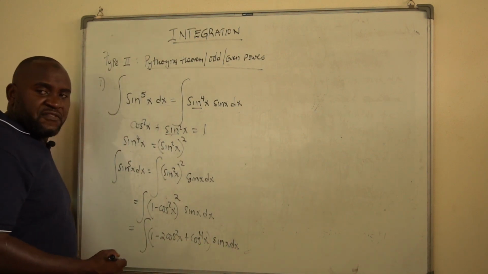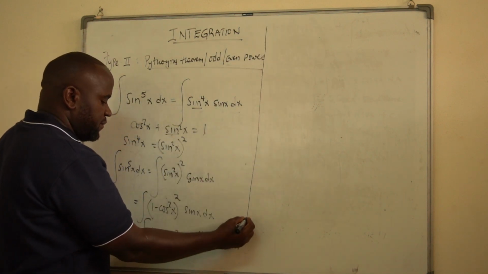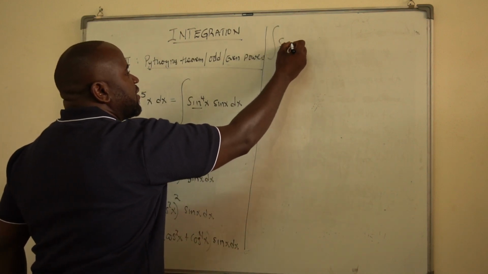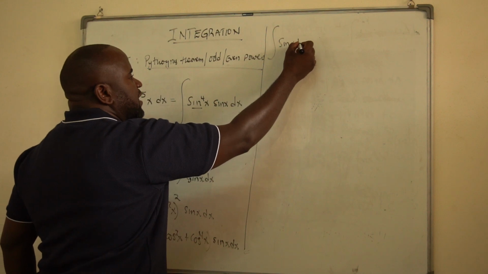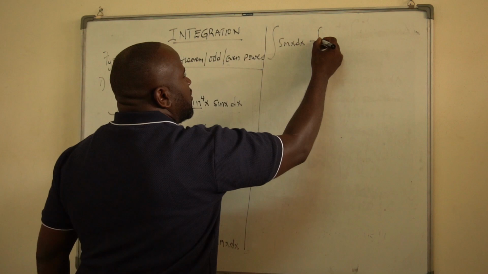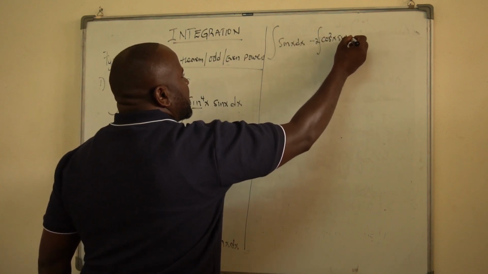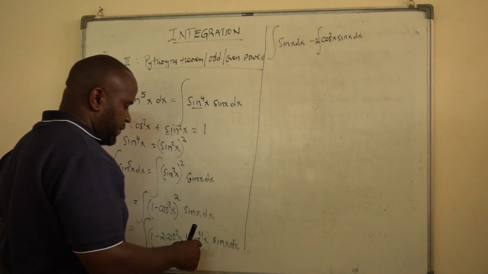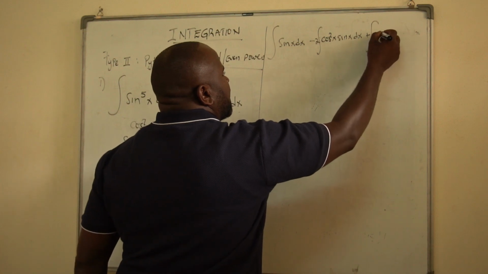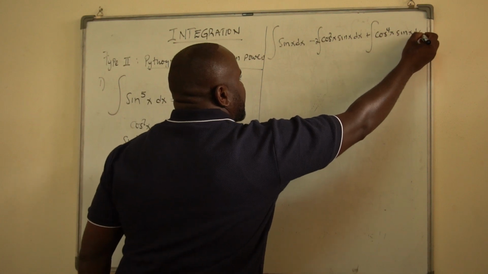Then you can make the sine of x penetrate into the bracket, and when you do so, we shall have integral of sine of x dx, minus integral of twice cos squared of x sine of x dx, plus the integral of cos to the 4th of x sine of x dx.